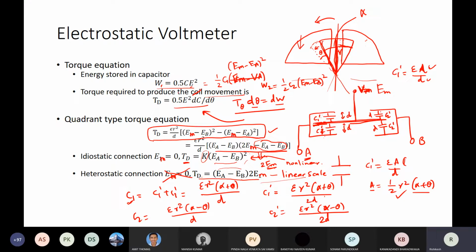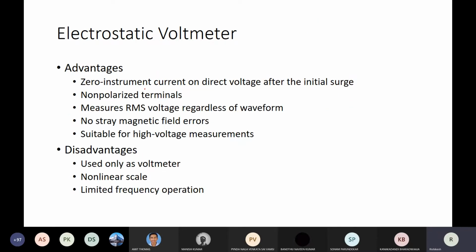So this is basically designed for voltage measurement purpose only. The advantage is that the current consumption by the voltmeter is almost zero, apart from the initial current for charging the plates, which occurs in a very small fraction of time. Apart from that, there is no current the meter consumes.